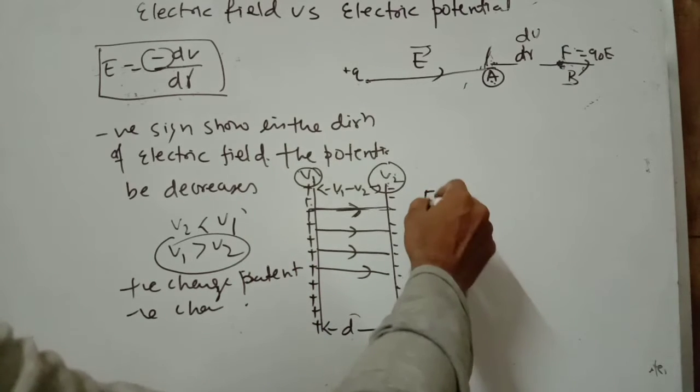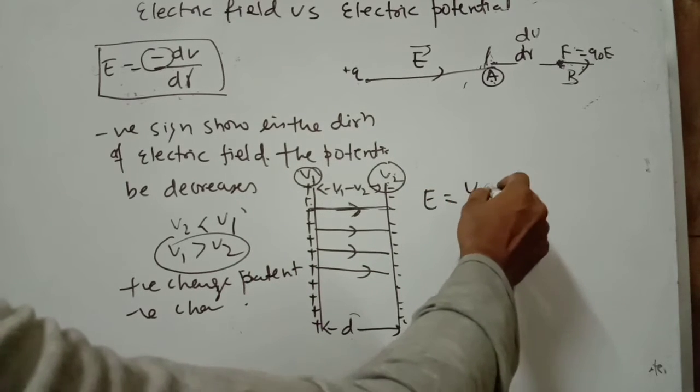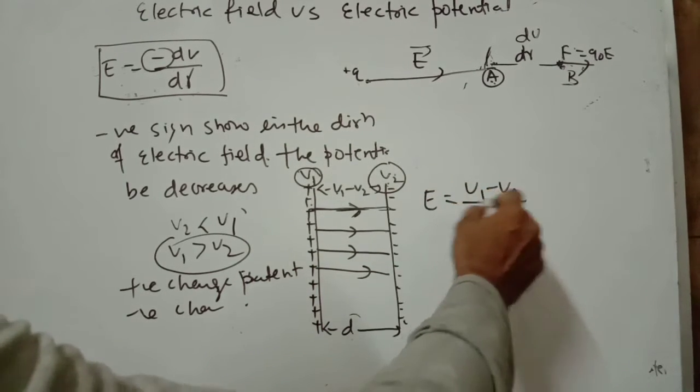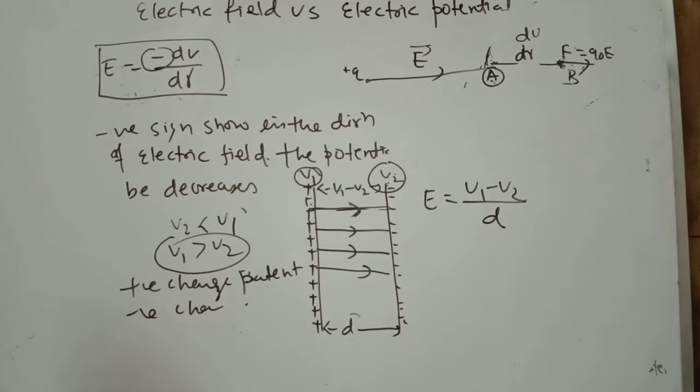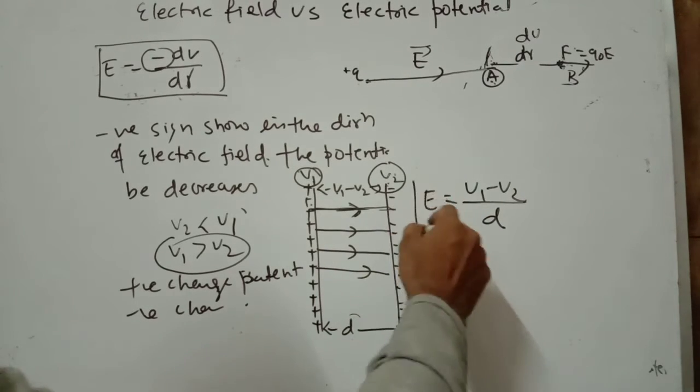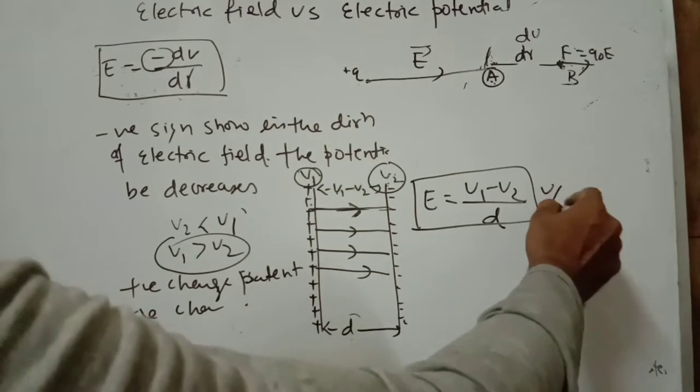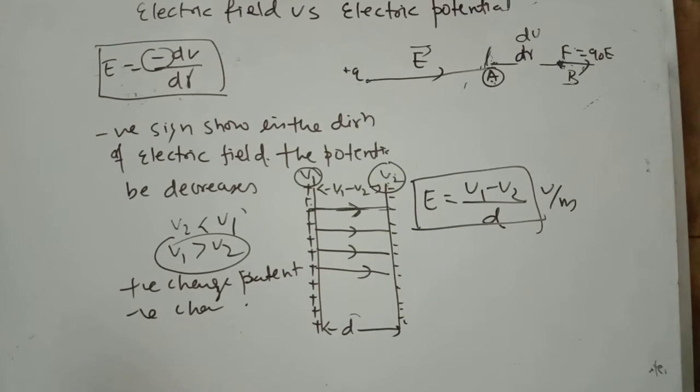So the electric field is the potential difference, V1 minus V2, divided by d. This gives volt per meter, which is the electric field strength.